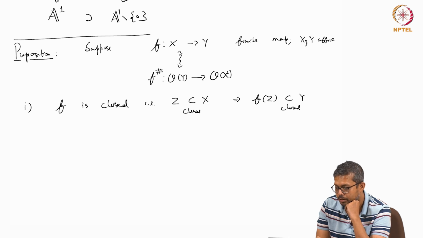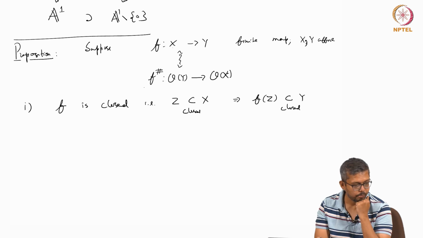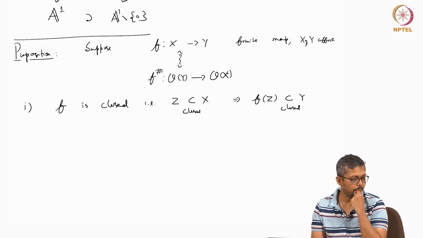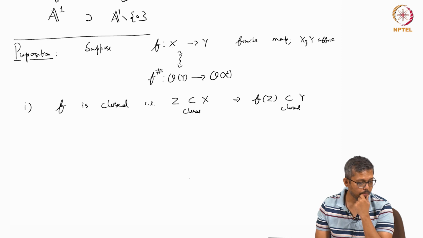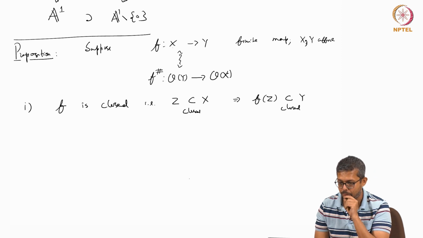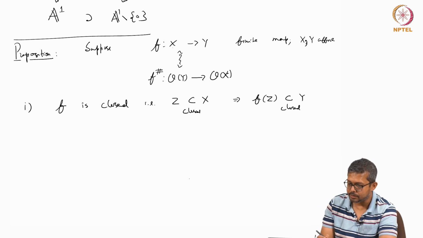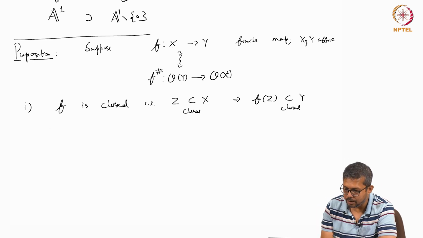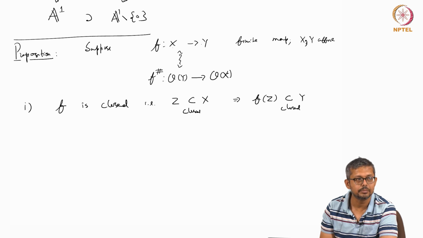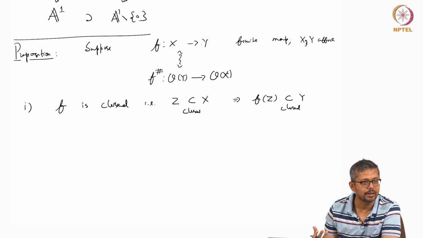This means if it is a finite map from X to Y, yes. So suppose, in particular, f is surjective, the image is closed, right?